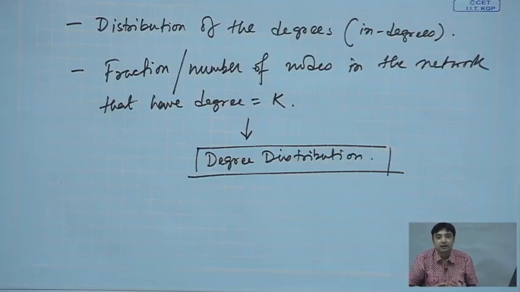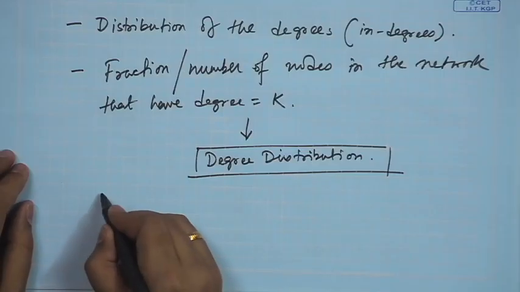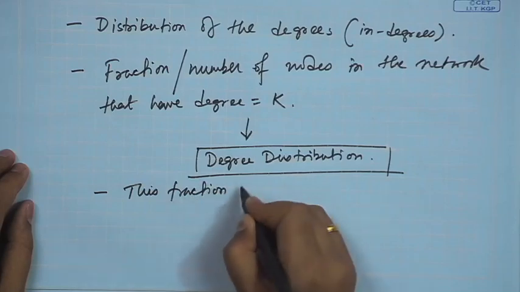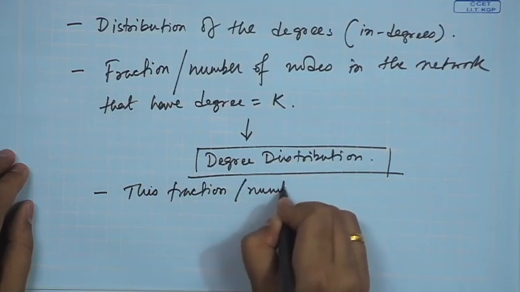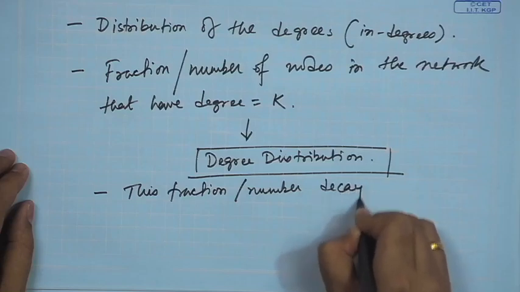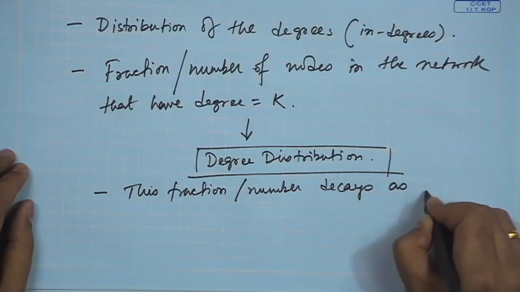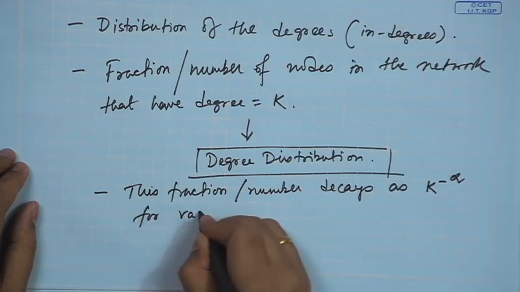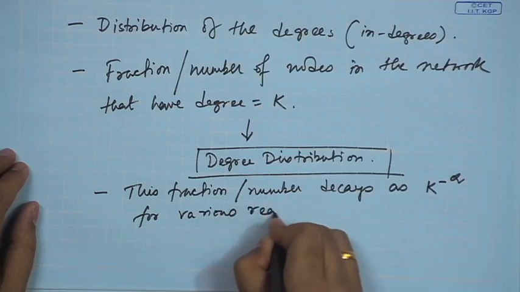So, reiterating, the fraction or the number of nodes in the network that have a degree k is defined as the degree distribution, and this fraction is seen to decay as k to the power minus alpha, some constant, for various real world networks.